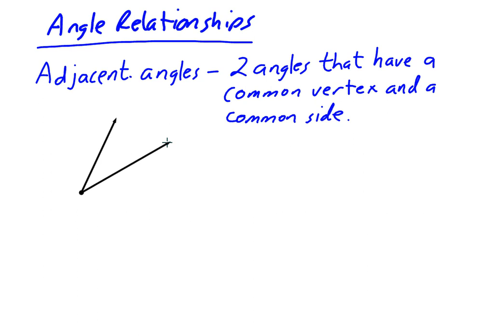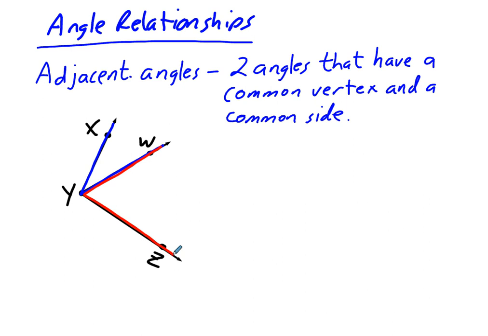This would be one angle, but then if we have another angle that comes off of that and shares that same vertex, and we name these X, Y, Z, W, then let's look at our angles. So we have angle XYW and WYZ. Those are what we call adjacent angles.